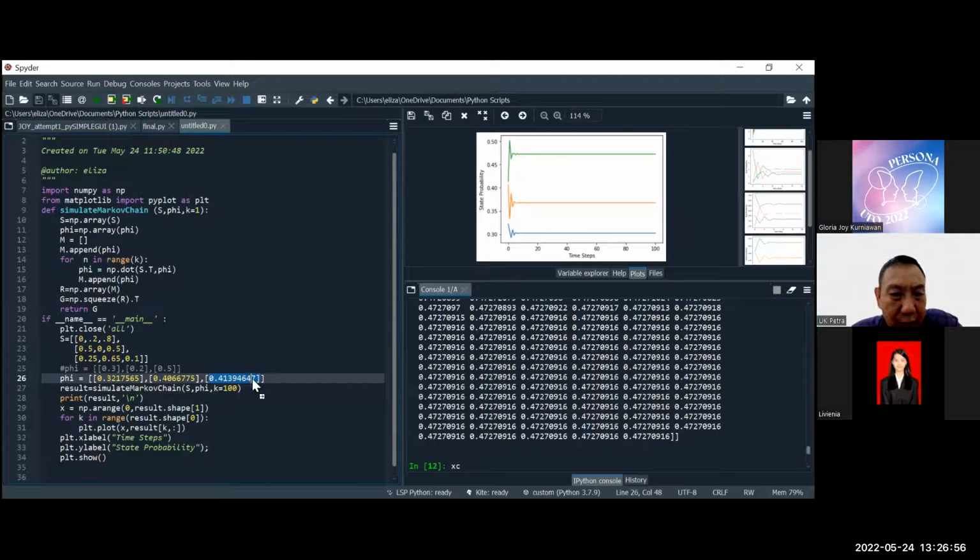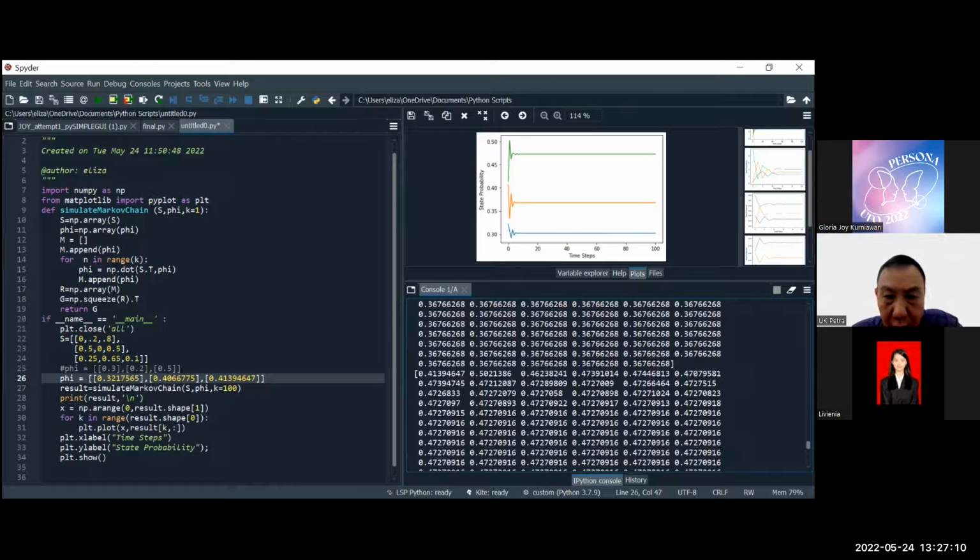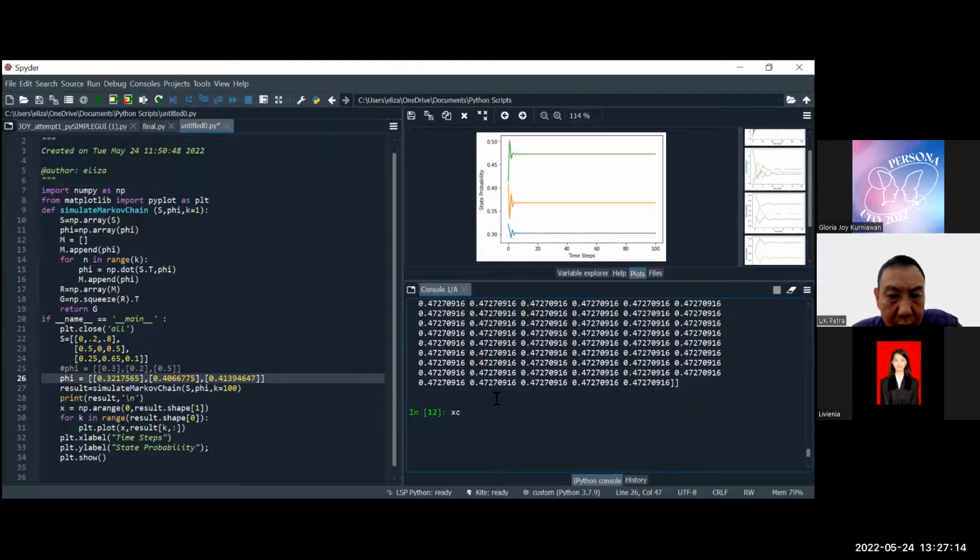And then the second one is 0.47, not 0.40, not 0.41.